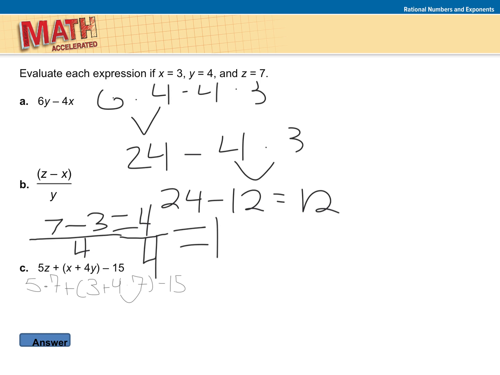Actually, instead of 7, it'd be 4. Just erase that 7. There you go. Good catch. Thank you for raising your hand.